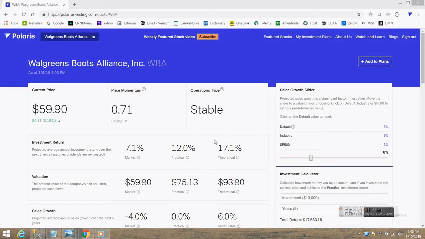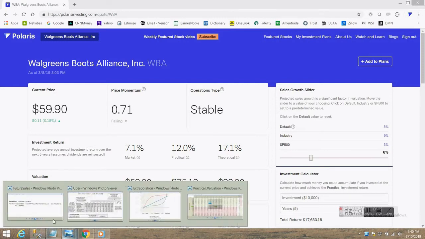When determining practical valuation, it's important to consider the tolerance that the marketplace will likely have in terms of its thinking about risk and future sales growth. The sales growth that's shown here for the market, namely for Walgreens, is minus 4%.